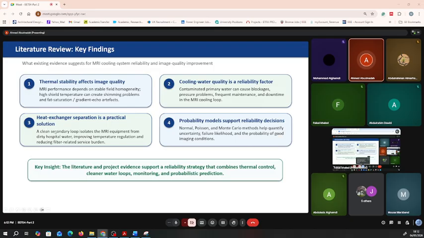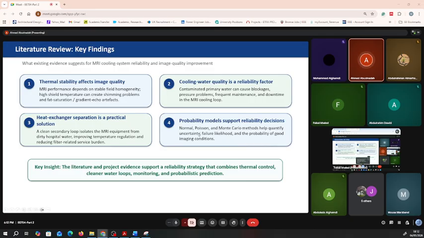Then heat exchanger separation is a practical solution, which is applied in our institution now in all MRI systems. A clean secondary loop isolates the MRI equipment from the dirty hospital water, improving temperature regulation and reducing filter-related service burden. The fourth is that probability models support reliability decisions.